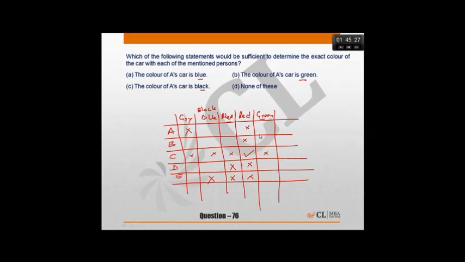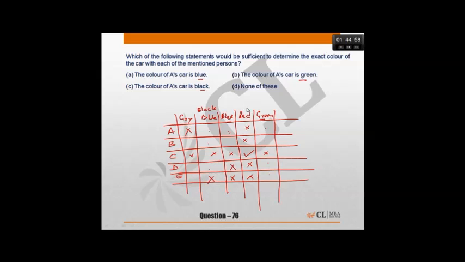Out here, if I say A's car is blue, I will have 1, 2, 3, 4, 5 boxes filled up. If A's car is green, how many boxes will get filled up? 1, 2, 3, 4, 5, 6. If A's car is black, 1, 2, 3, 4, 5.